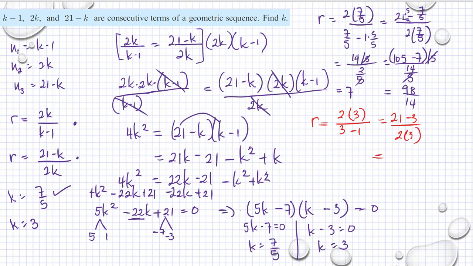Then we have 6 divided by 2, and then we have 18 divided by 6. We have 3 is equal to 3. Then our r here is the same, that is 3. So that's it. This is also all right. Value of k.